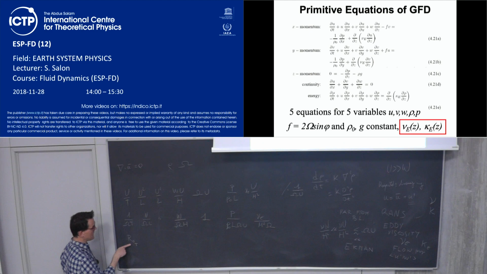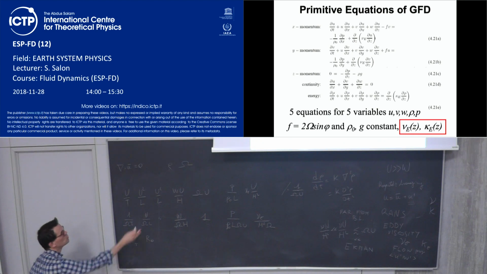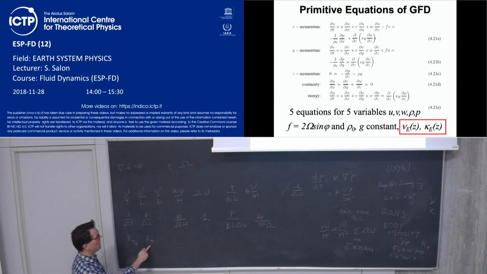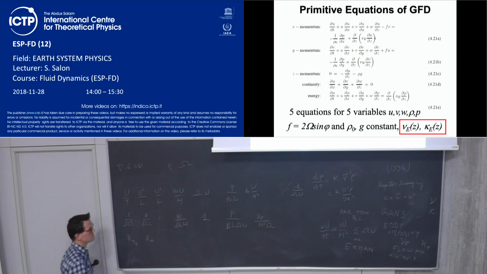The temporal Rossby number is the ratio between the local variation of horizontal velocity and Coriolis. The Rossby number, which is the same in the two horizontal terms of advection, is the ratio between the horizontal advection and the Coriolis term. This we'll look at later.